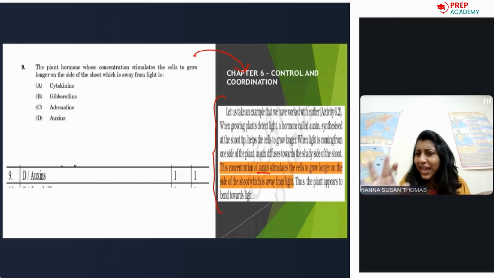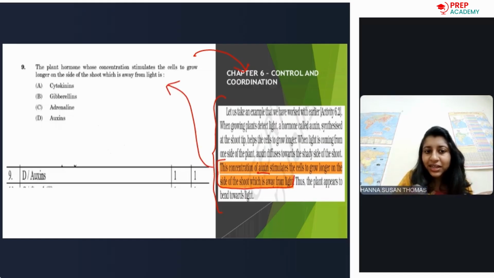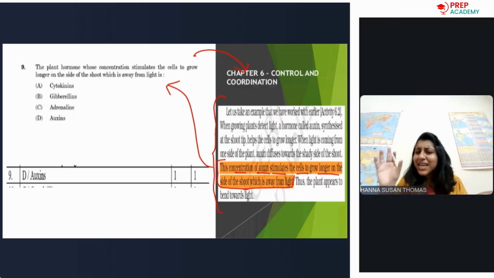You can see the same sentence has been taken here also. Same, ditto, same to same words you can see here, right?